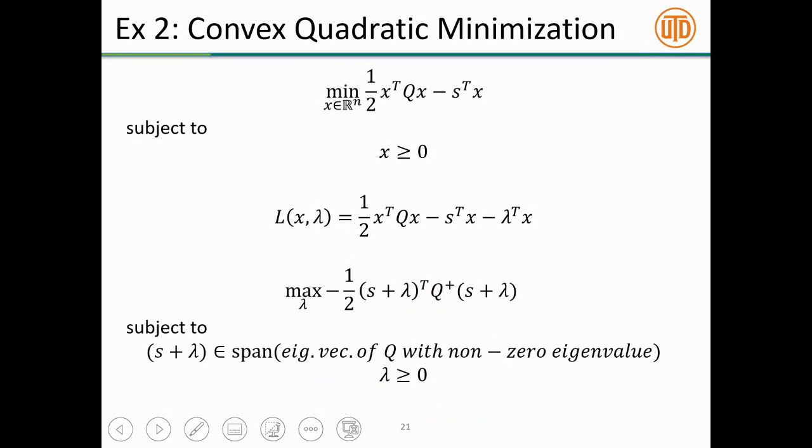So one way to rewrite that constraint is, like I just said, q times x equals s plus lambda has a solution as long as s plus lambda is in the span of the eigenvectors with non-zero eigenvalues.